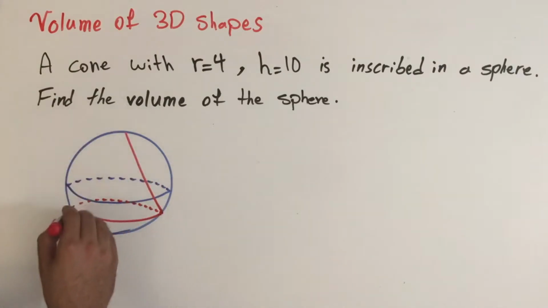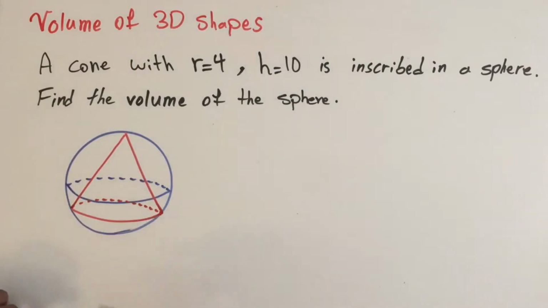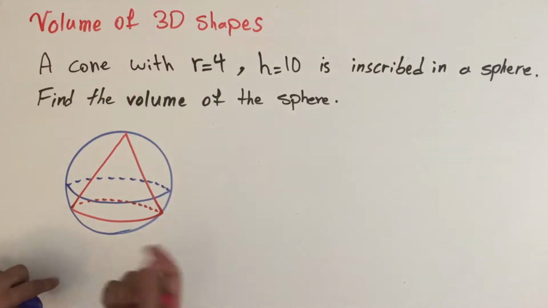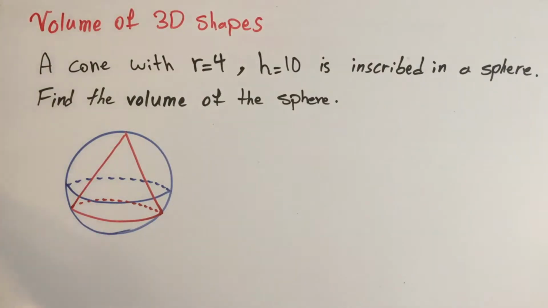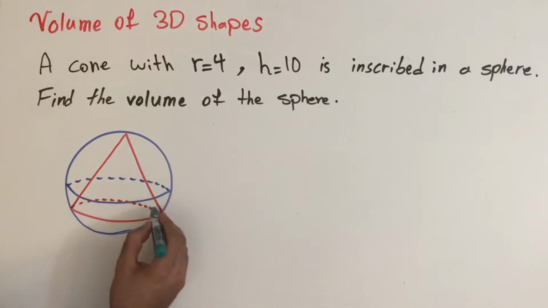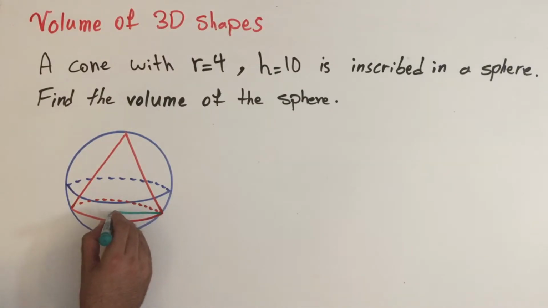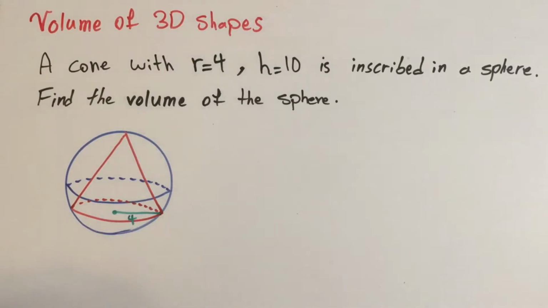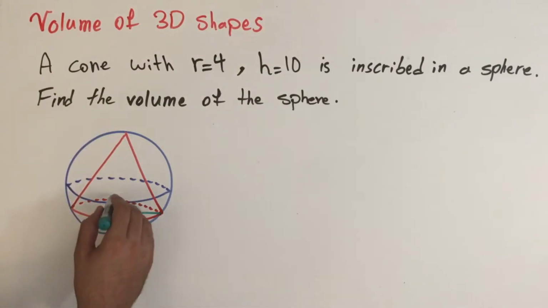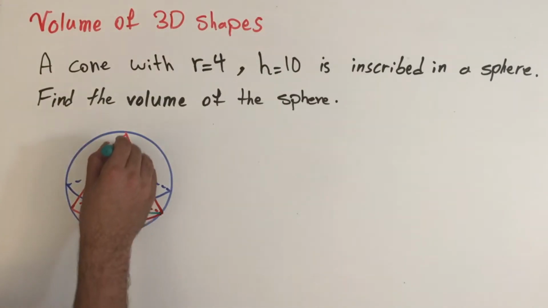This is going to be my cone inside the sphere. So what do we have? We have the radius of the base of the cone, which is 4. So that means this one is 4. And we have the height of the cone, which is 10.